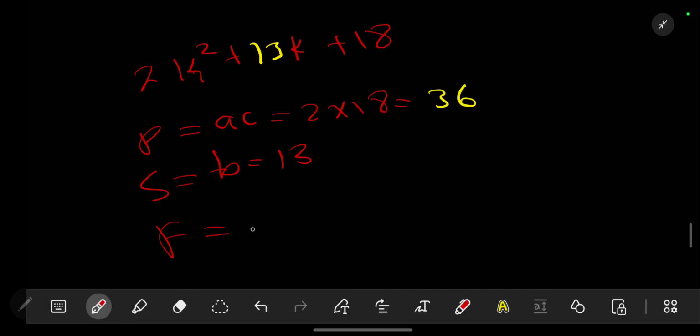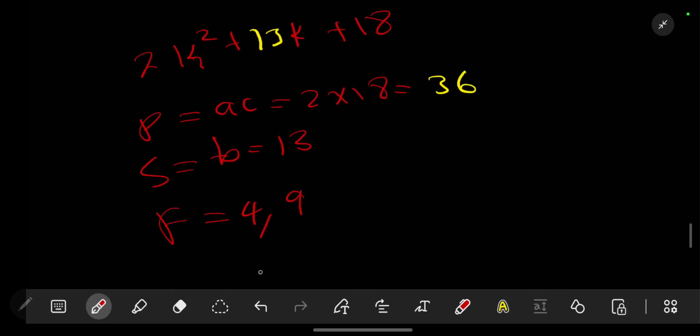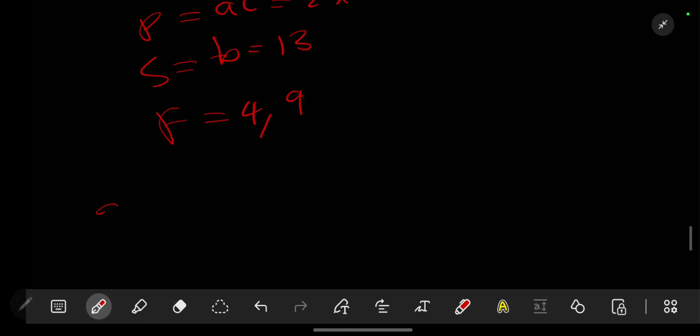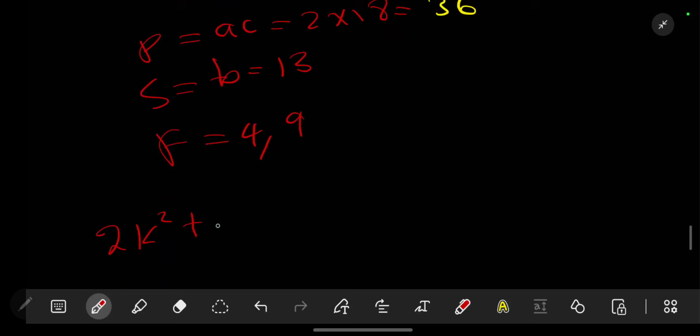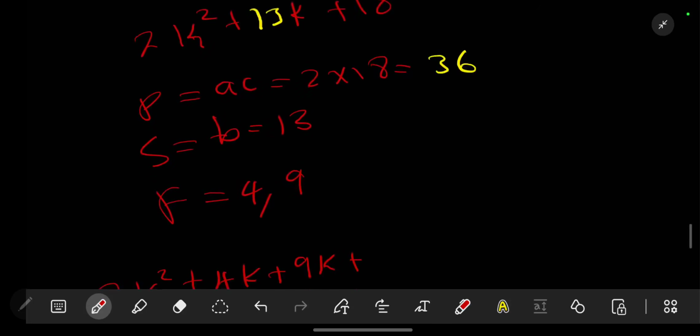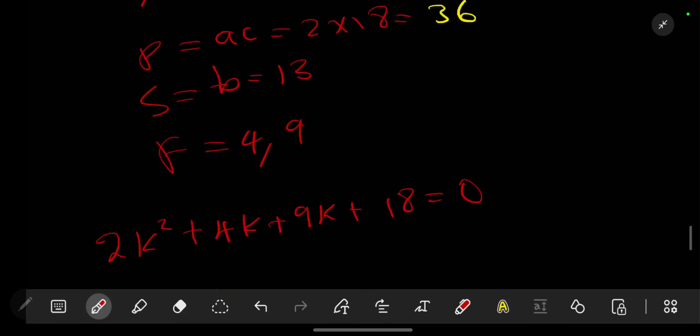Those two numbers are 9 and 4, or we can put them as 4 and 9. It is still okay even if you interchange them. Where you see your 13k, you can put these two values. If I multiply 9 by 4, it gives me 36, and when I add, it's 13. So we have 2k squared plus 4k plus 9k plus 18 equal to 0.